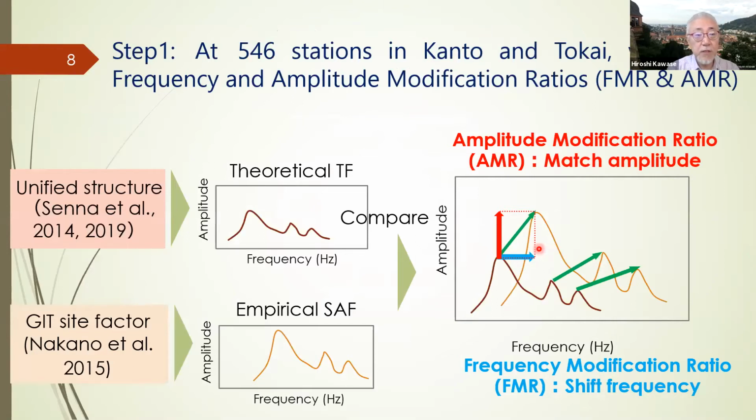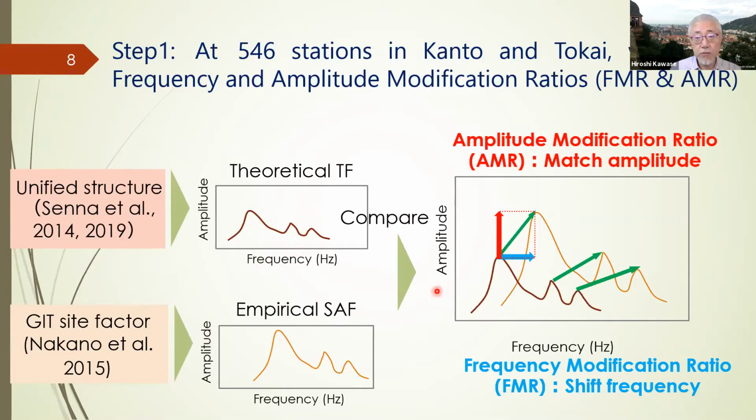So in step 1, at 546 stations in Kanto and Tokai, we obtained modification ratios in frequency and amplitude. First, we calculate the GIT empirical site amplification factor, and also the theoretical 1D transfer function.